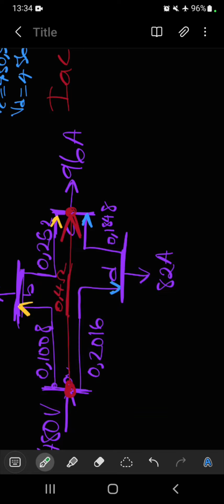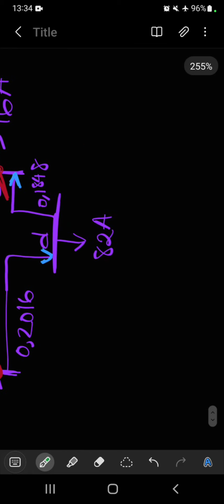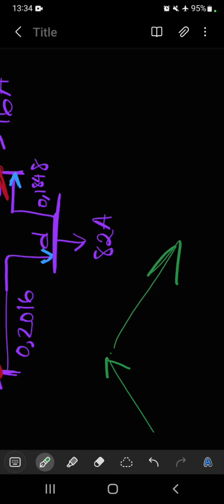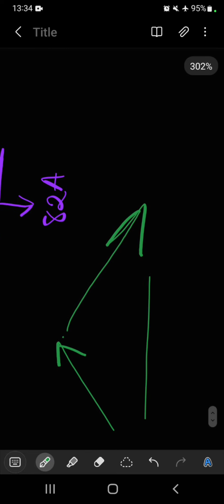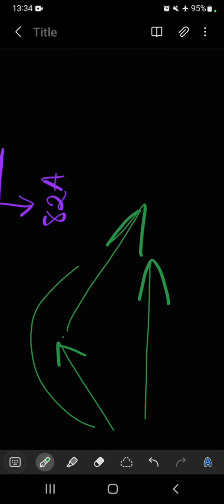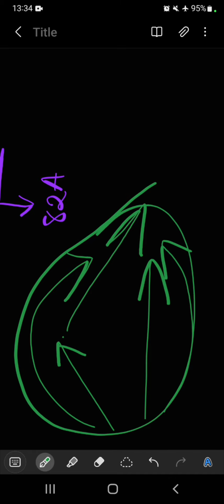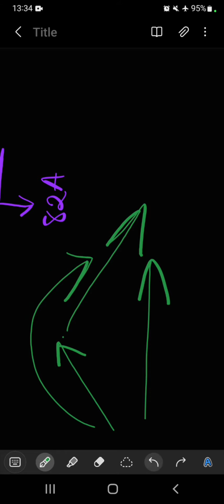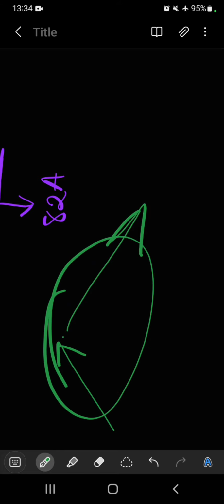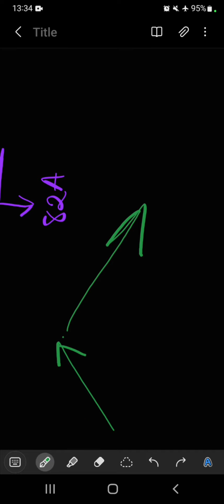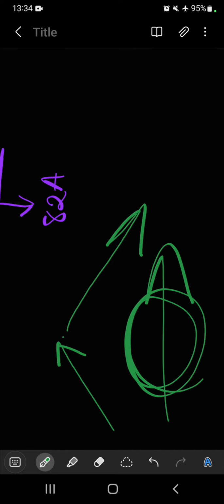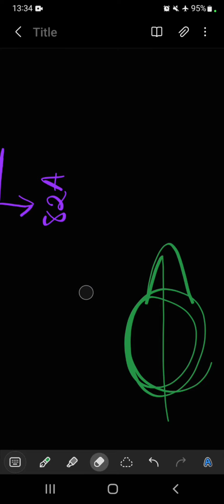Okay, so you see now we have voltage AB going in that direction, and then voltage BC going in that direction, voltage AC is going in that direction. I mean, this is clockwise, and then we have counterclockwise this side. They're opposing each other, right? Actually, yes, we can add AB and BC together, but then we're gonna have to subtract AC because they are going in different directions, right?